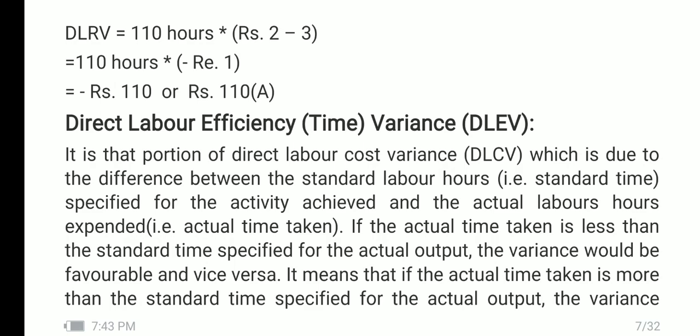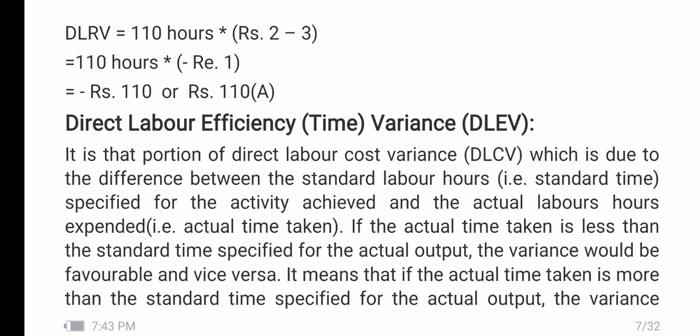The 1 rupee difference is negative, because the actual wage paid is rupees 3, which is more than the standard wage rate. So minus rupee 1 into actual time taken 110 hours will give us minus 110, or it can be written as 110 rupees adverse, that is labor rate variance.